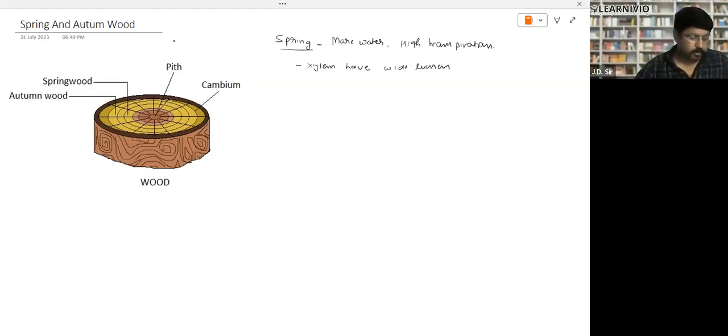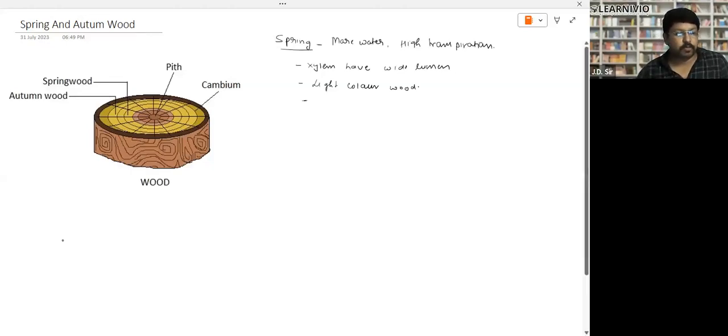So what will happen? Light color wood. You can see over here, this is autumn wood and this is spring wood. This is called spring wood. It will be less strong.